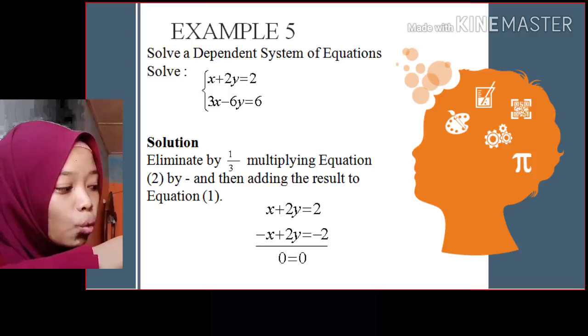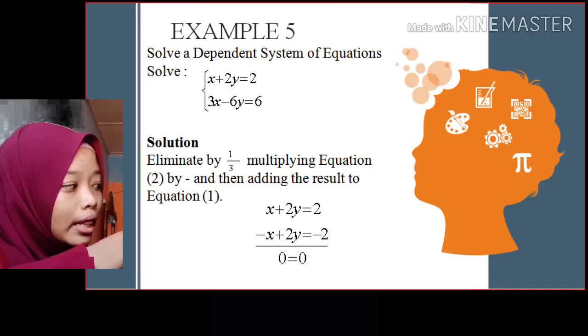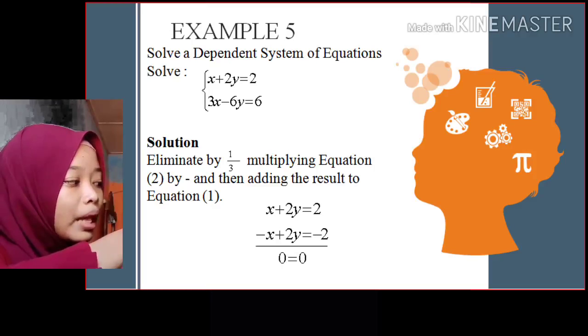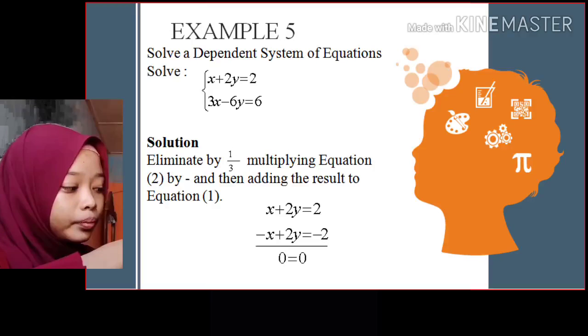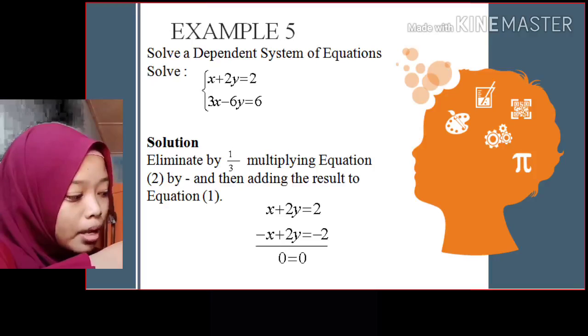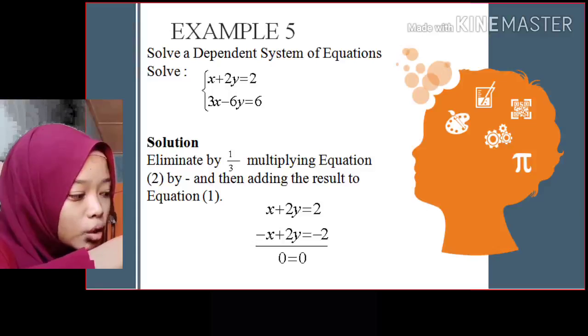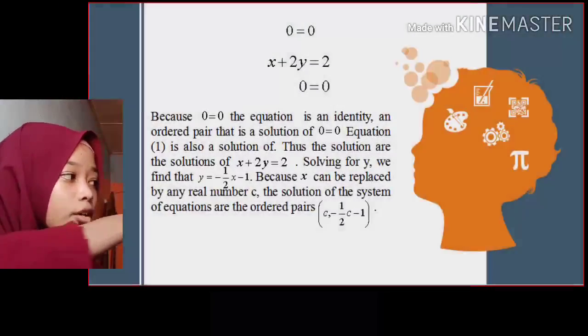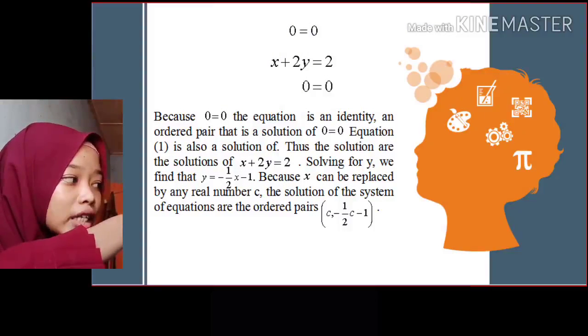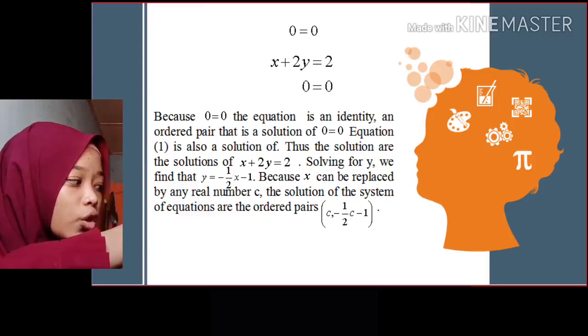X plus 2y equals 2, and then equation 2 multiplied by 1 over 3 gives minus x plus 2y equals minus 2... adding gives 0 equals 0.